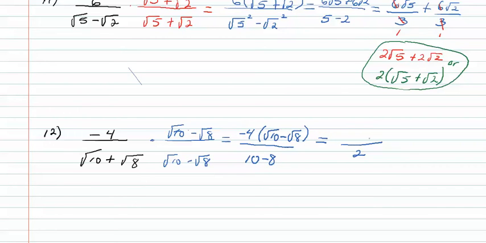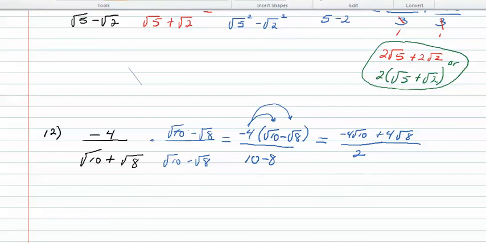We rationalized our denominator. We'll go ahead and do our distributive property now. We have negative 4 times radical 10, and then we have negative, and negative is positive 4 radical 8. Okay, and last time I wrote it as 2 separate fractions, but I just wanted to make a point.